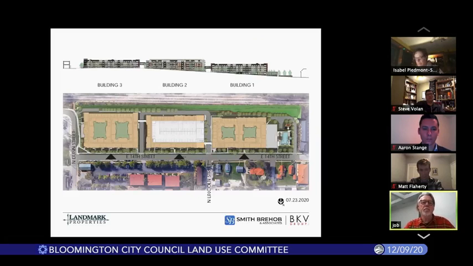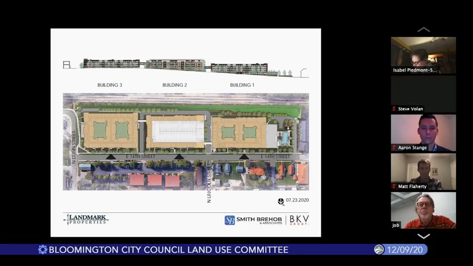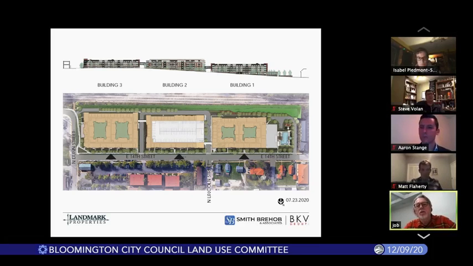This illustrates the topography along 14th, where we have approximately a 50-foot drop. So the building is 4-story at Dunn, and then as it goes down the hill, the intermediate building is 4-story on one end, 5-and-a-half-story on the other end, and then the building steps down 2 full floors as we get to building 1, and then it steps down to 1 story at the fitness and aquatics area at the end of the building.